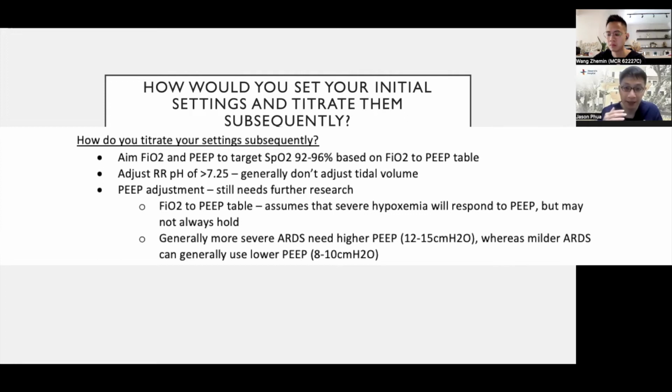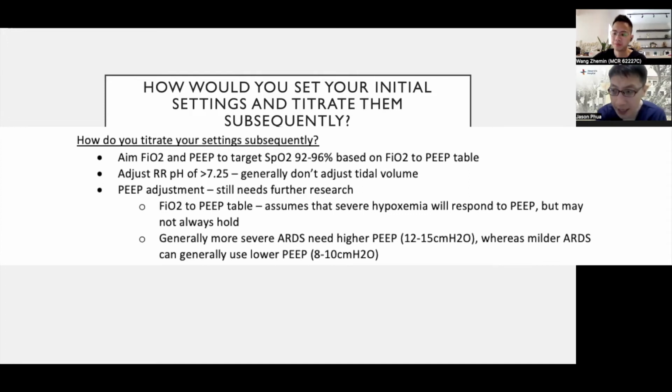We don't increase the tidal volume in order to target the pH. We increase the respiratory rate because borderline acidemia has never been shown to kill patients, but high tidal volumes and high plateau pressures have been shown to kill patients. So we work along that.